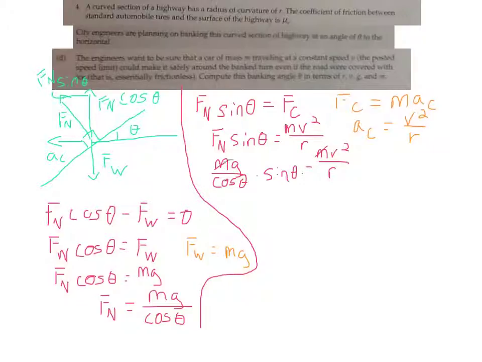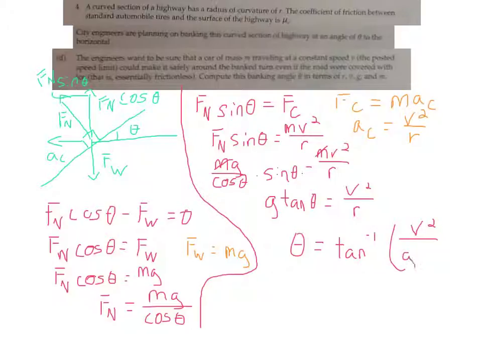The m's cancel out, and the sine over cosine becomes tangent, making the equation g tangent theta is equal to v squared over r. And in the end, we have that theta is equal to arc tangent of v squared over g times r.